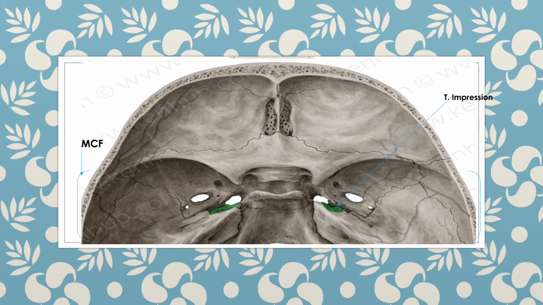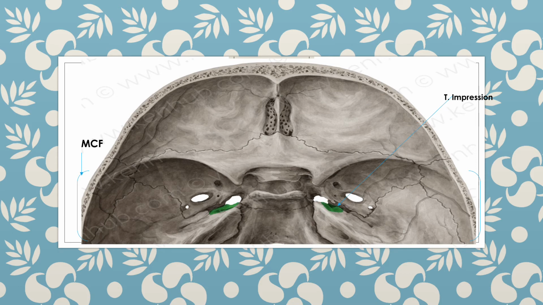Here you can see a bracket on both sides of the skull. This bracket shows the middle cranial fossa. MCF denotes middle cranial fossa, and here you can see a green part. This green part is present on the posterolateral surface.